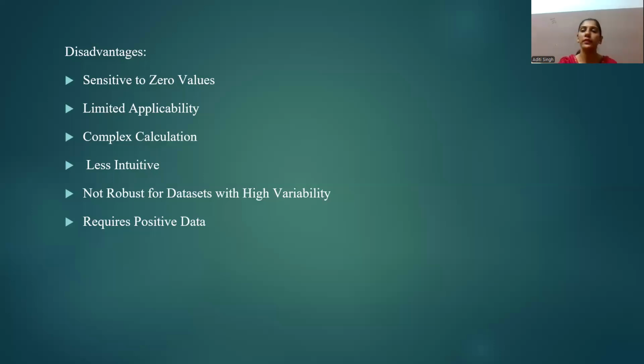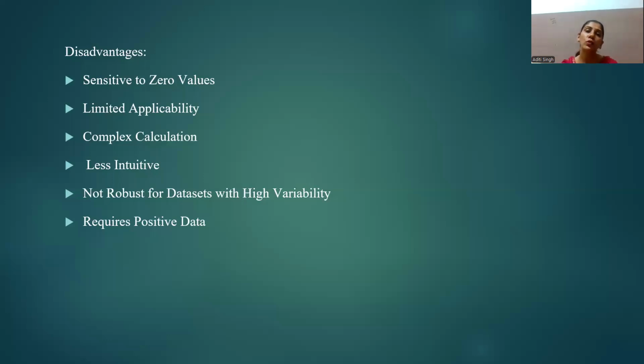Now, complex calculation. The next disadvantage of harmonic mean is complex calculation. Like the geometric mean, harmonic mean is more complex to calculate as compared to the arithmetic mean, which might be less important for some users.